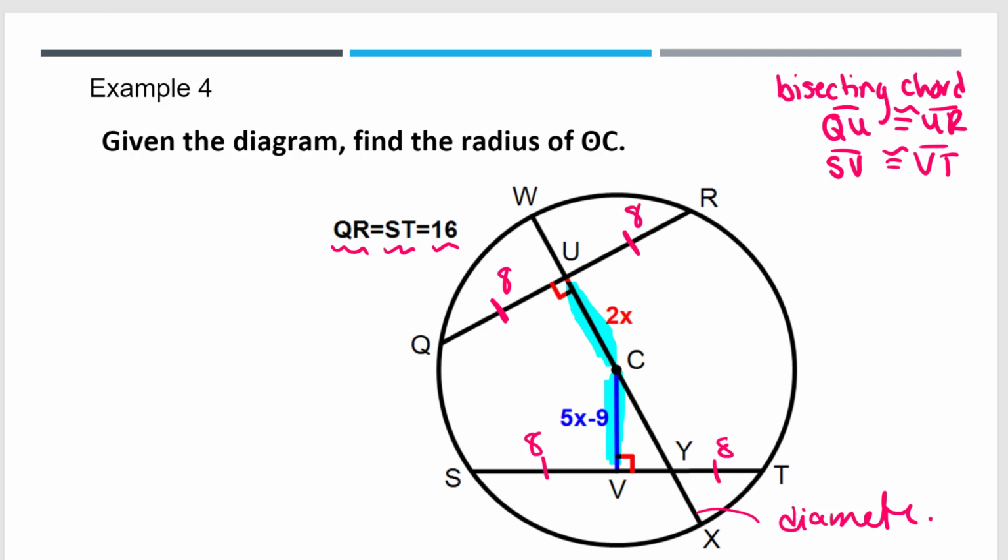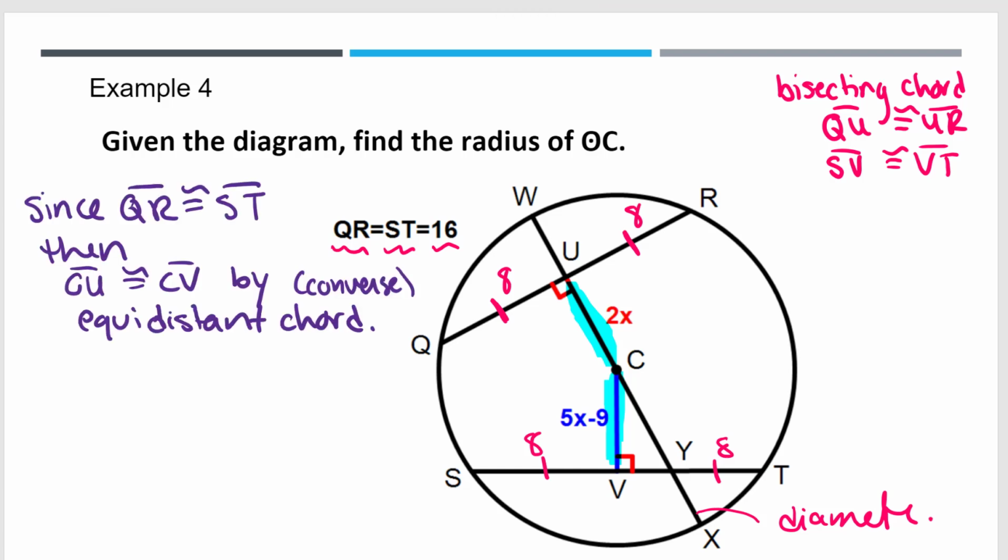So because we know that QR chord is congruent to ST, then that means our expressions of 2x and 5x minus 9 have to be equidistant from C. So let's set the two expressions equal to each other and solve for x.